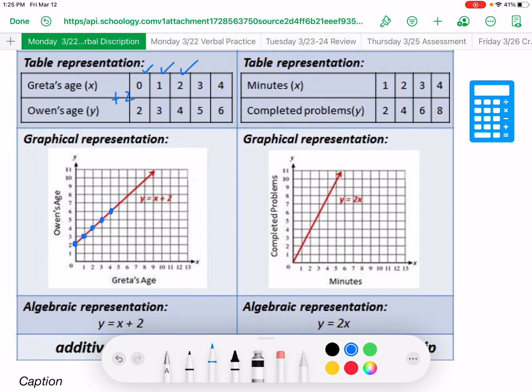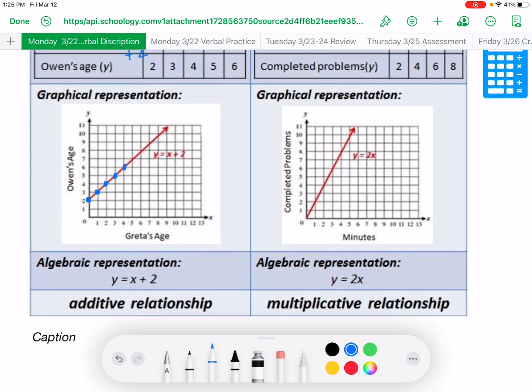Well, what if you were asked, when Greta is 46, how old will Owen be? You don't want to have a whole entire table or a graph for that. So you could just plug in with your equation, y equals 46 plus 2, and you know that Owen would then be 48.